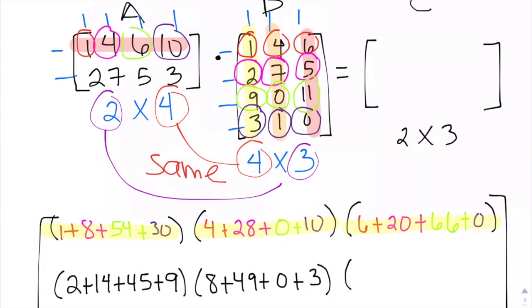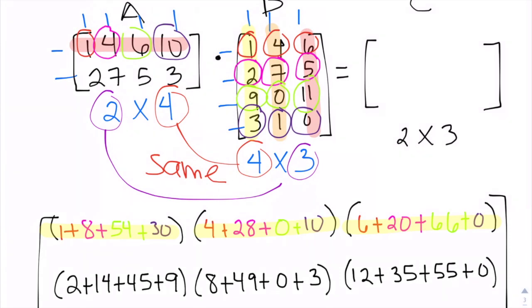And then lastly, we're going to say, okay, 2 times 6 is 12, plus 7 times 5 is 35, plus 5 times 11 is 55, plus 3 times 0 is 0.